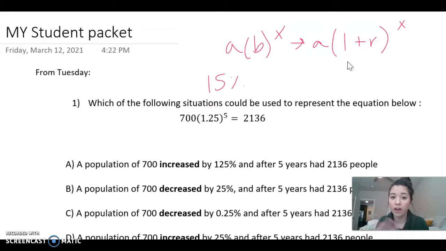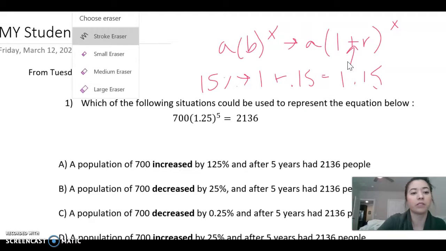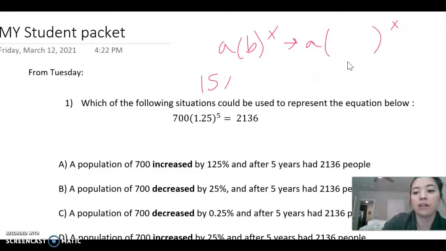But in order to find our multiplier, we had to change it to a decimal and add it to 1 to get our multiplier inside. So again, if we had 15% growth or 15% increasing, we take that 15%, change it into a decimal, and add it to 1. And that becomes our multiplier for our exponential equations.